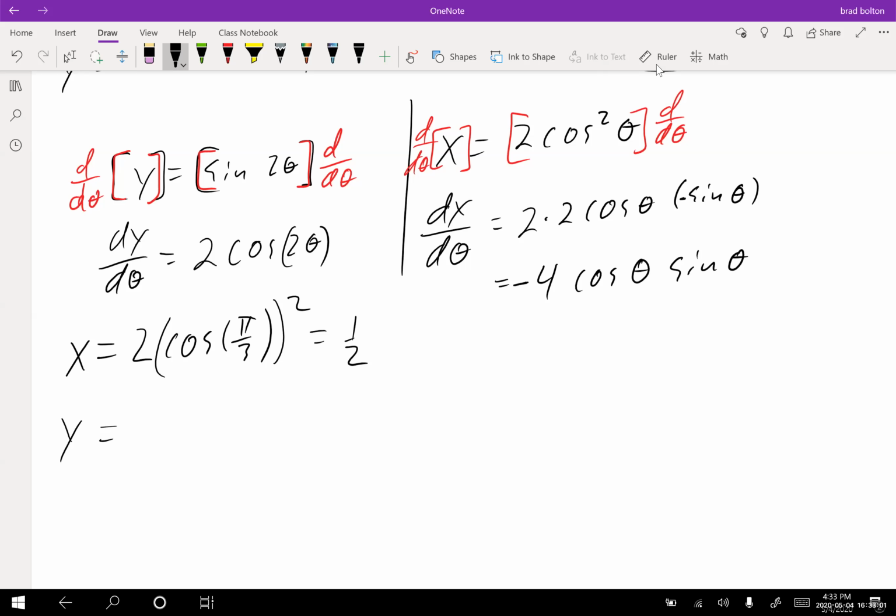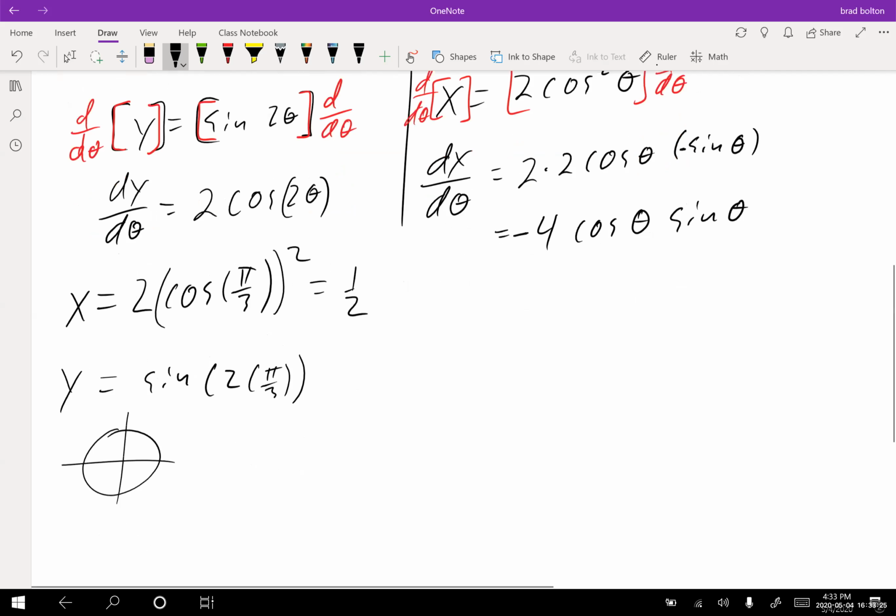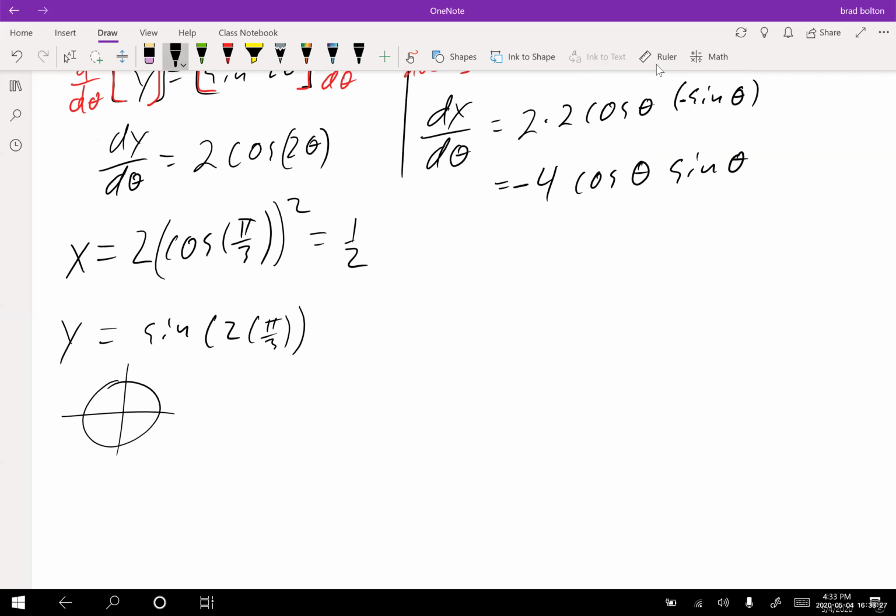And then y is equal to sine of 2 theta, but theta is pi over 3. And we know that that would be 2 pi over 3 if we take our unit circle, right? This would be pi thirds, and this would be 2 pi thirds right there.